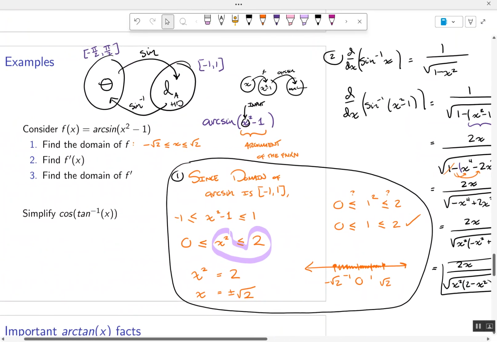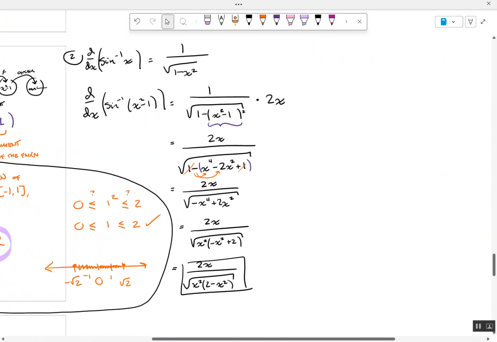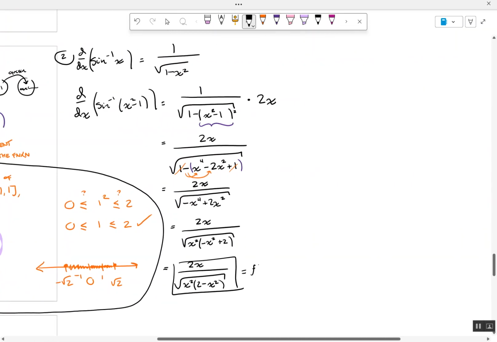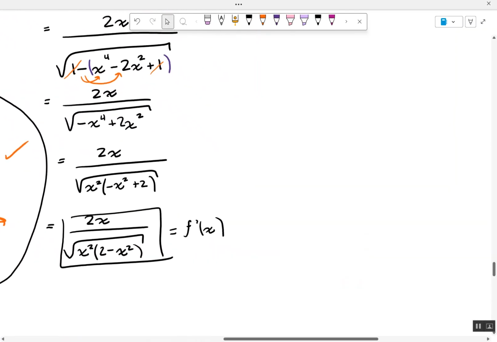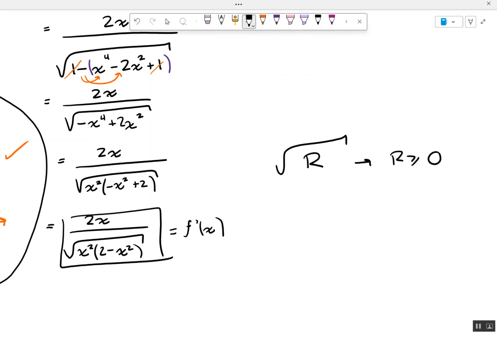And then we're being asked to find the domain of f prime. So this is f prime. The domain. So when we have a radical, the thing on the inside, the radicand, must be non-negative, must be greater than or equal to 0.